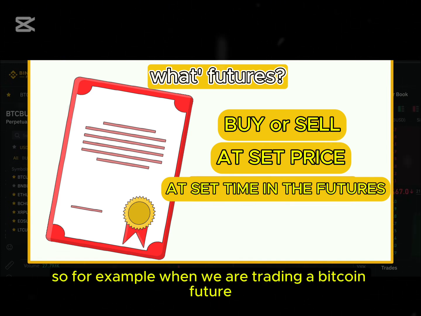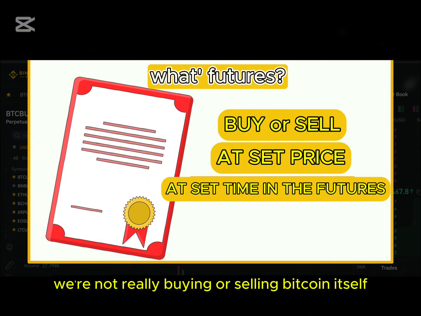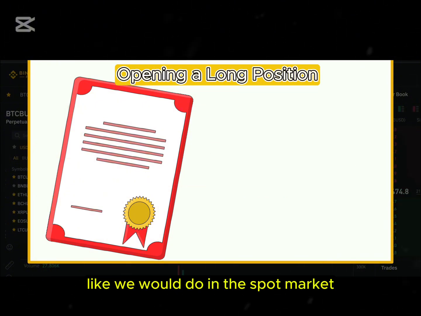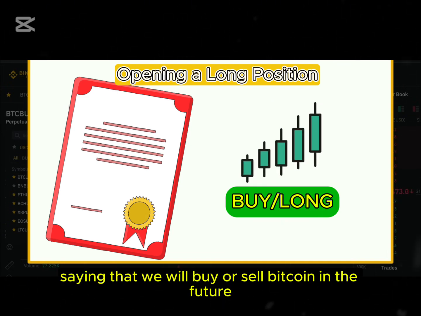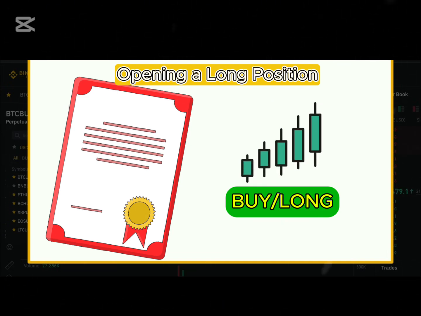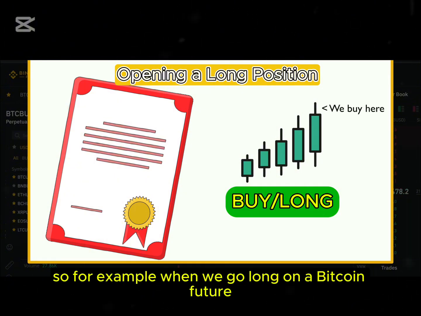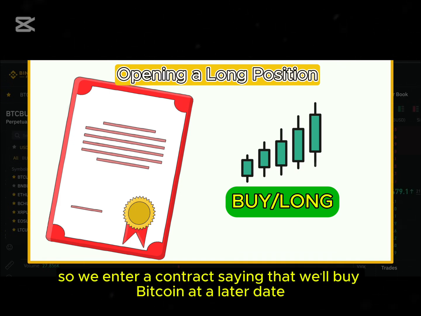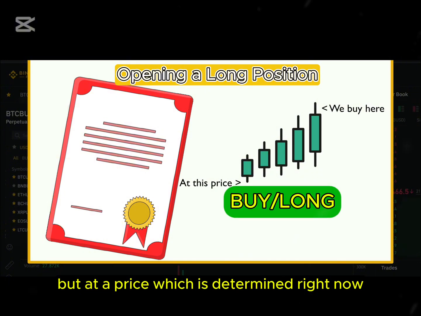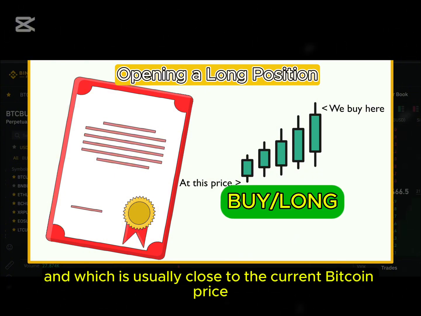So for example, when we are trading a Bitcoin future, we're not really buying or selling Bitcoin itself, like we would do in the spot market, but we are entering a contract, saying that we will buy or sell Bitcoin in the future. So for example, when we go long on a Bitcoin future, we expect the price of Bitcoin to go up, so we enter a contract saying that we'll buy Bitcoin at a later date, but at a price which is determined right now, and which is usually close to the current Bitcoin price.